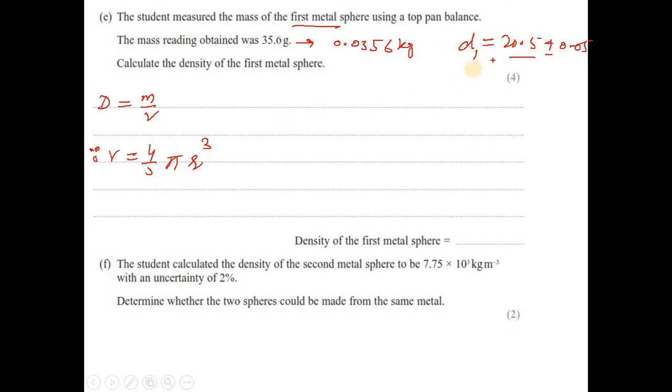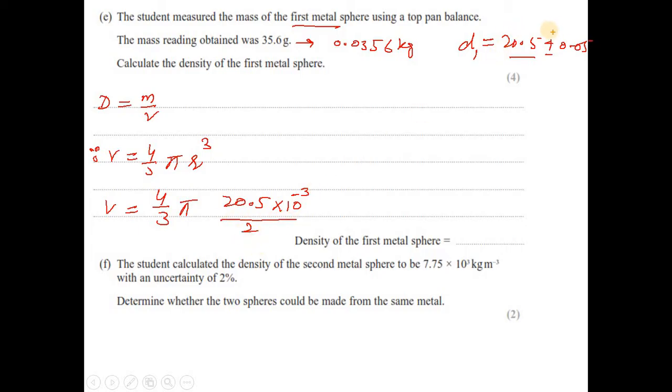You can say V is equal to 4/3 pi r cubed, where r is the diameter divided by 2. So this is 20.5 times 10 to the power minus 3 divided by 2. This is your radius.